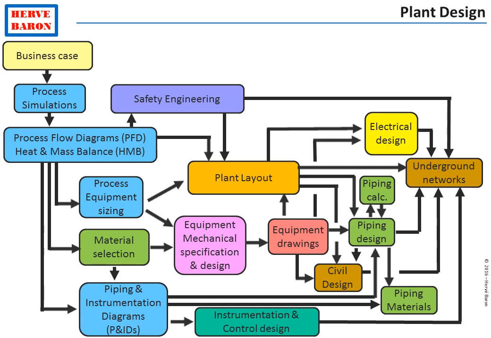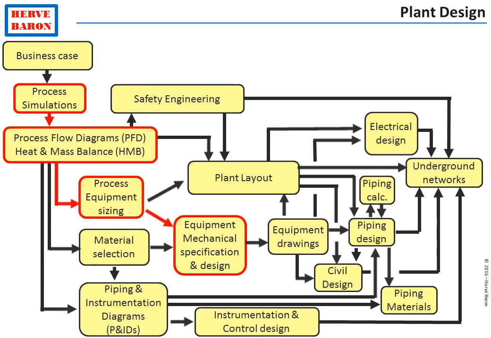Now that we have defined such synoptic, let's look at the critical steps, the critical stages in plant design. First of all, a plant is designed around equipment. In order to be able to design the plant, information from equipment vendors is necessary.